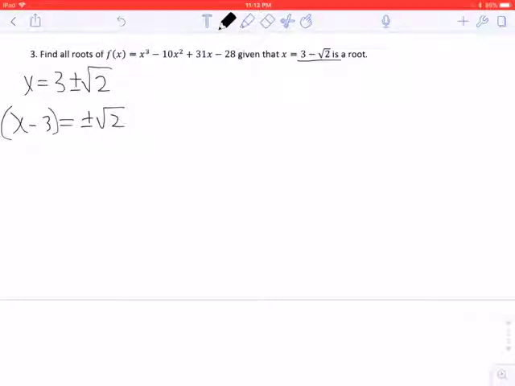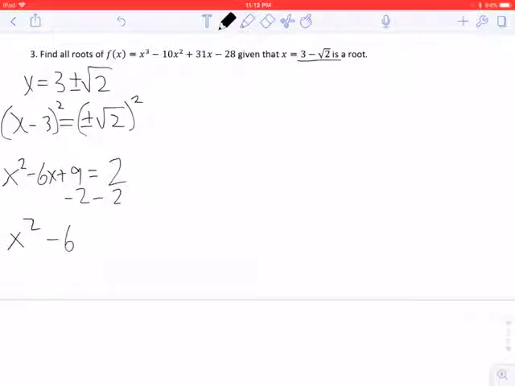And then squaring both sides gives us x squared minus 6x plus 9 equals 2. And then subtracting 2 gives us x squared minus 6x plus 7. So this quadratic has roots of 3 plus or minus root 2.